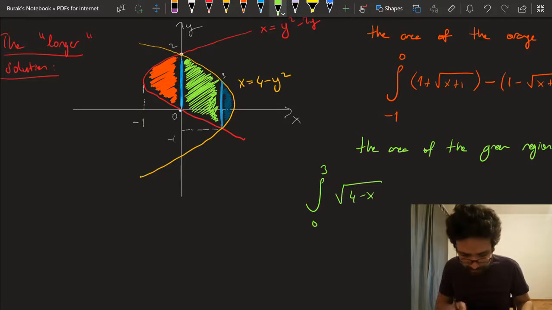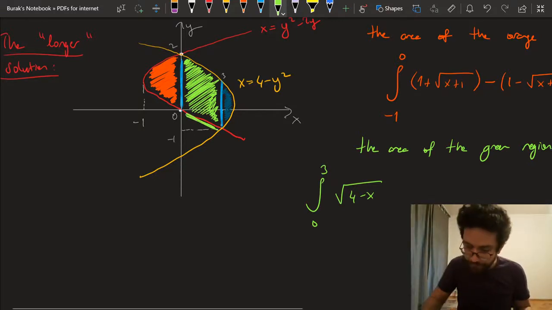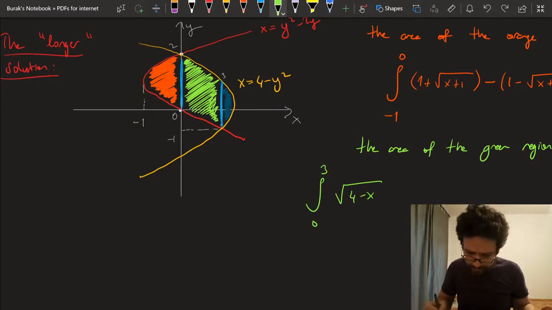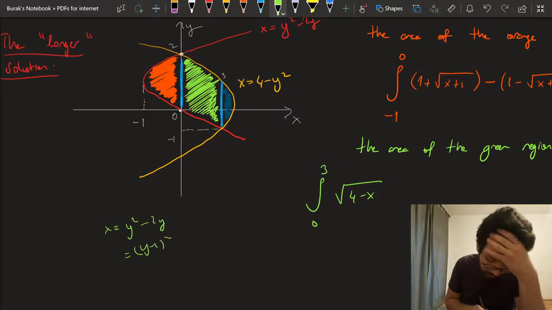Anyway, this is my top function, and what's the bottom function? It's this one, and I already found it, but I'm going to have to do it again because I just erased it. y minus 1 squared is x plus 1, so y equals 1 plus or minus square root x plus 1.